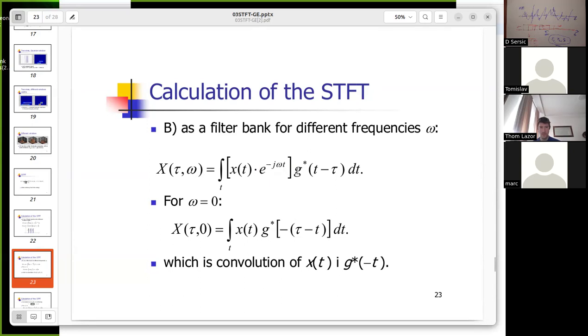And separately, I have that g. Multiplication of the signal x with cosine and sine results in some new signal, which is here in square brackets.